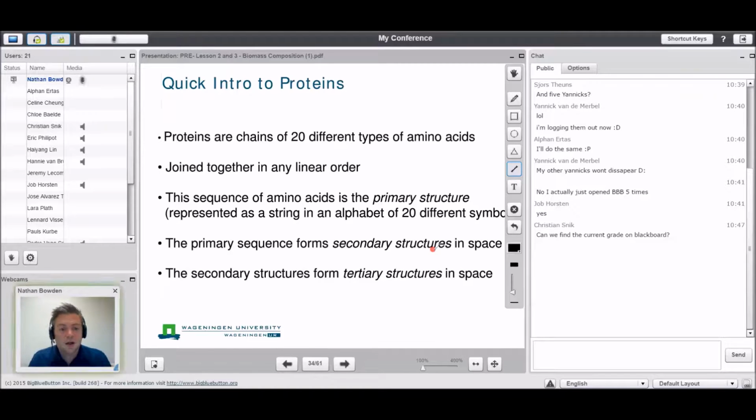Then you have a tertiary structure where these secondary structures are then attached. So if we look at our hair, for example, the keratin in the primary structure is a string of amino acids, which then bundle together to form a keratin molecule.